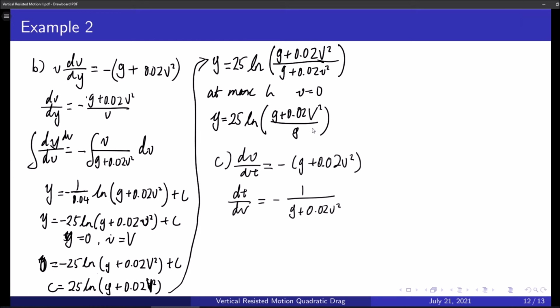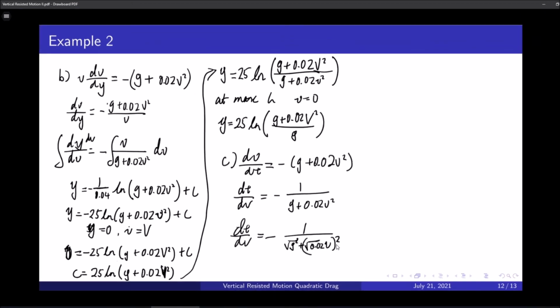So here, once again, we have to turn it into an inverse tangent. So if we say dt over dv equals minus 1 over square root of g plus square root of 0.02 times v squared. Oh, sorry, both of them. Okay, so this is a tangent, so we can write it down.